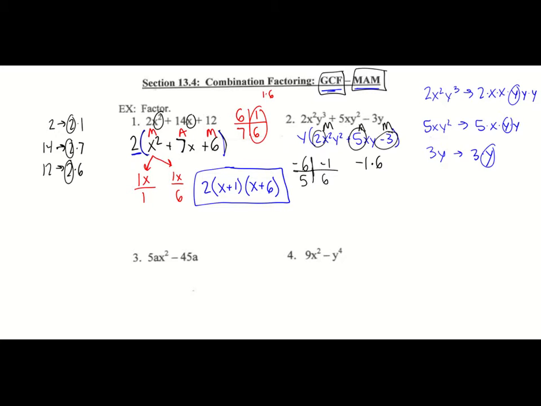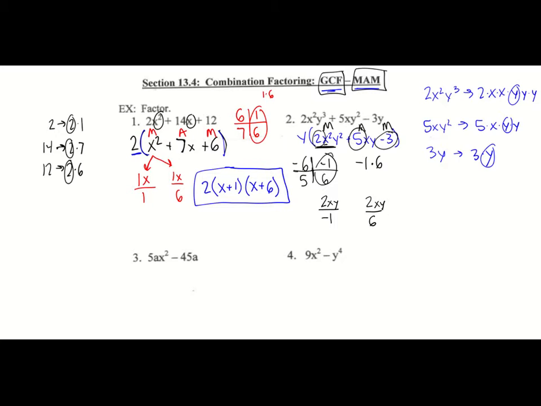Now I'm going to take my first term and I'm going to drop my coefficient and split my variables. So I have x in each one of those and I have a y in each one of those. And I'll put my 2 numbers here on the denominator. So I have a negative 1 and a 6.